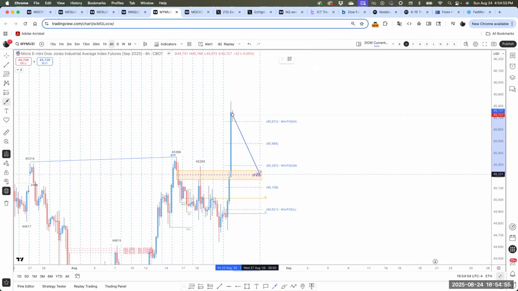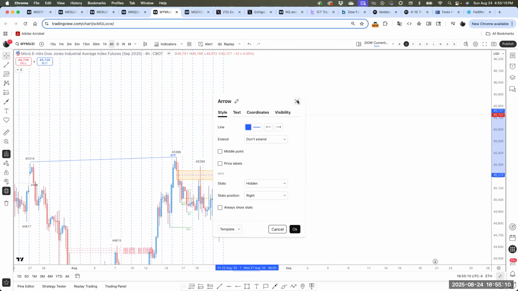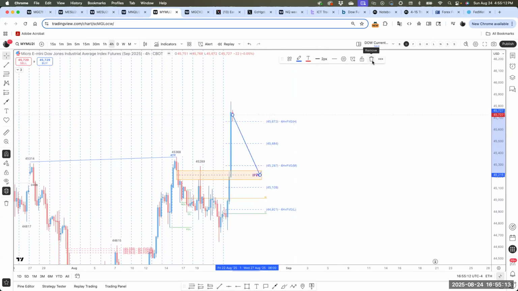Could we go lower? Yes. Could we not go this far down? Yes. But if we do go lower to the downside, this is where I would want to see us hold up and try to get some buy-in from, right? So that's what I'll be looking for.